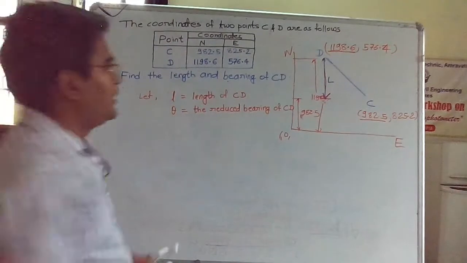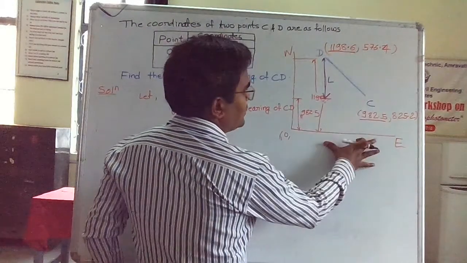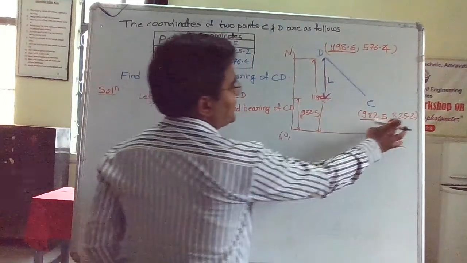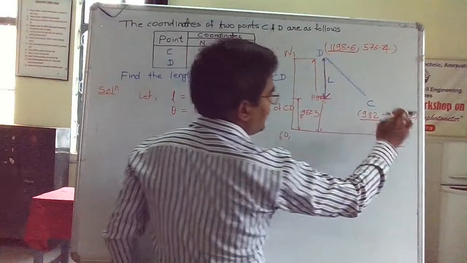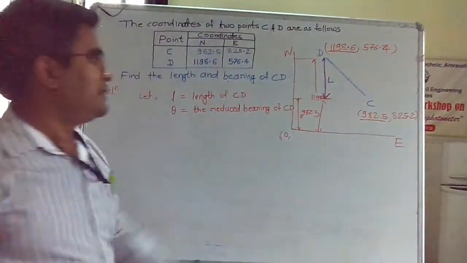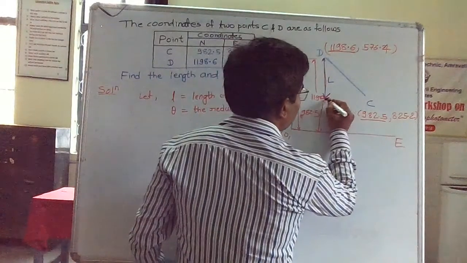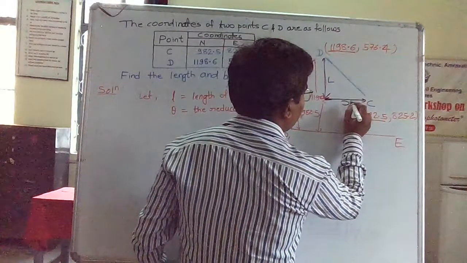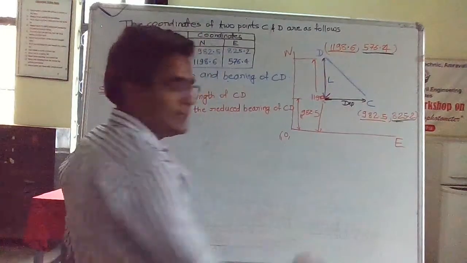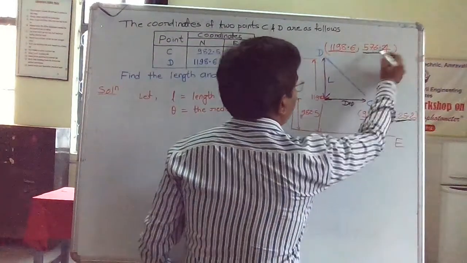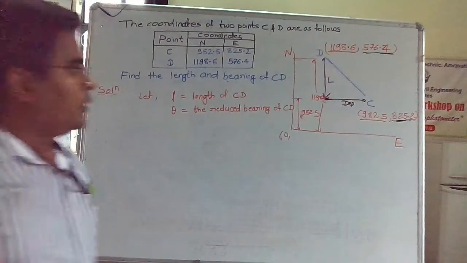Similarly, we can find out the departure of line CD. Departure is the distance parallel to east. So what is the coordinate of east? For point D it is 576.4, and for point C it is 825.2. We get the departure of line CD by subtracting the east coordinate of C from the east coordinate of D. Got it?